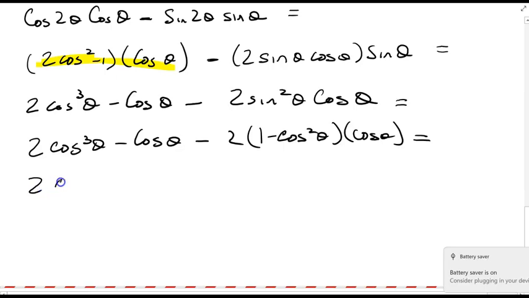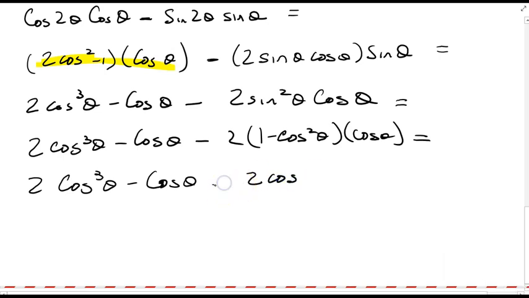Let me just distribute again. Sorry, my battery's starting to run out and I don't want to lose it before I finish this problem. So I have cosine times 2 times 1 is 2, sorry, that's not equals, that's minus.